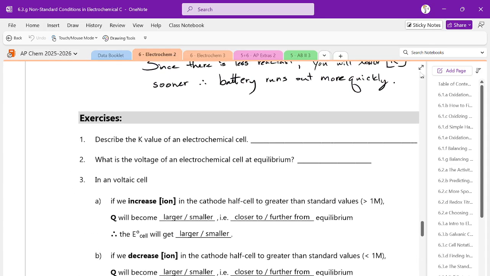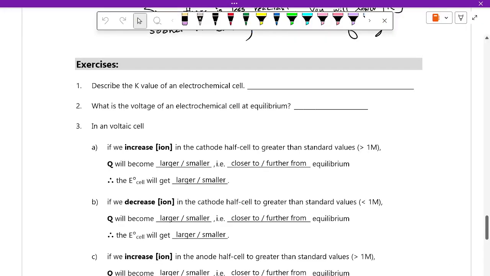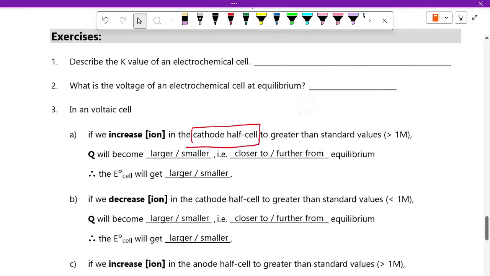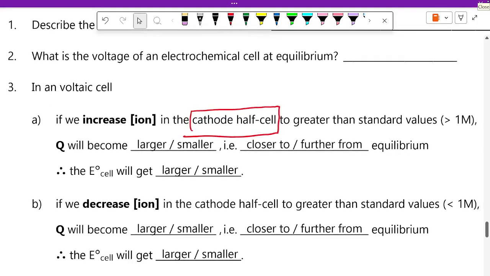In a voltaic cell, if we increase the concentration of the ion in the cathode half cell, that's going to be the reduction.